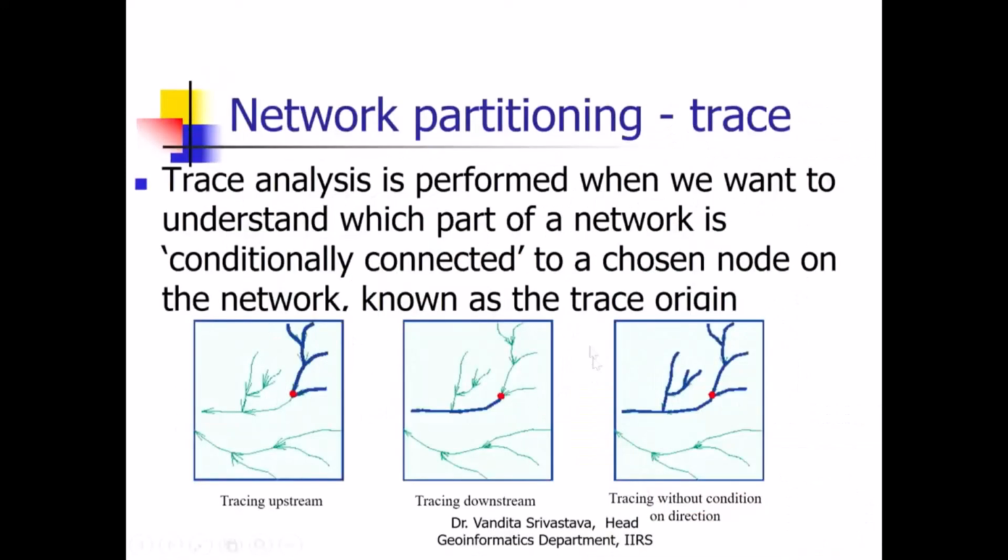And then finally the trace command, which is like a conditionally connected network. Let us say there is a leakage in the supply of some goods, maybe water or electricity, and you want to find out the fault. How do you trace that fault?